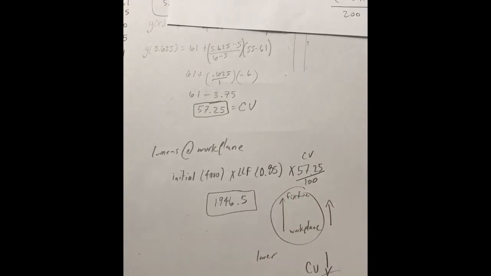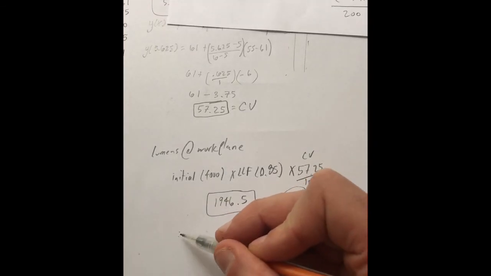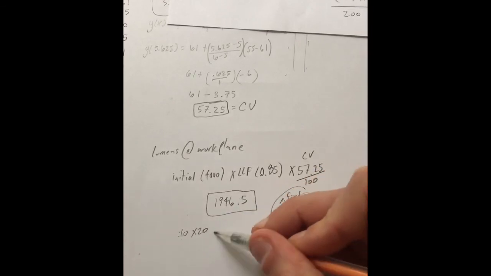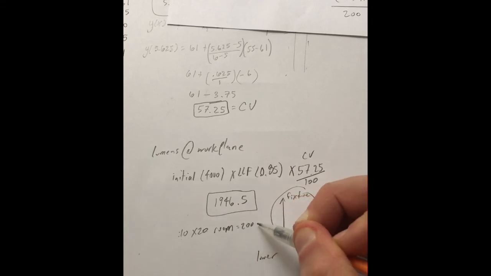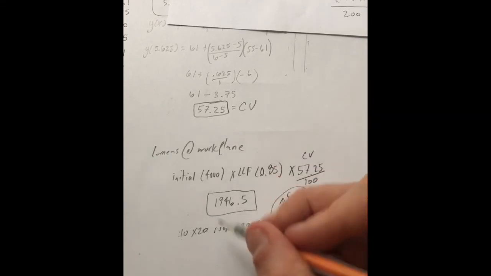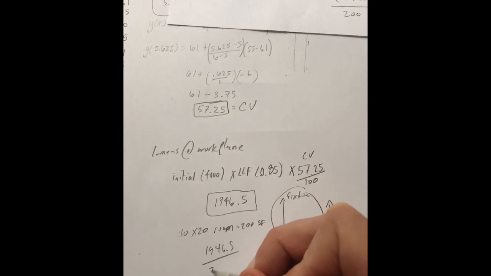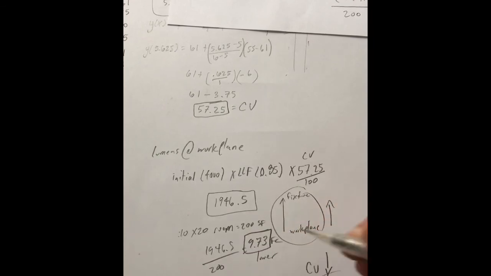So 1946 is our lumen count, and if we put this one fixture in our 10 by 20 room, which is 200 square feet, we take 1946.5 over 200 equals 9.73 foot candles, which is pretty low.